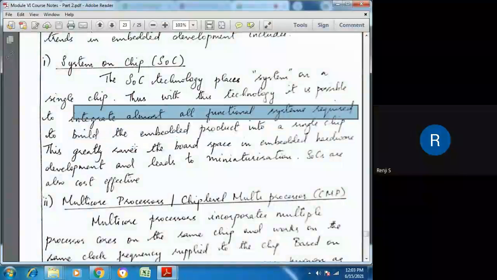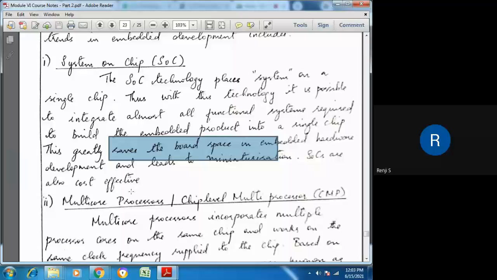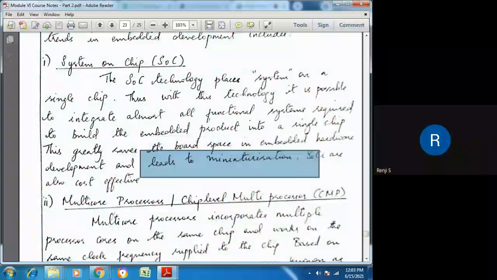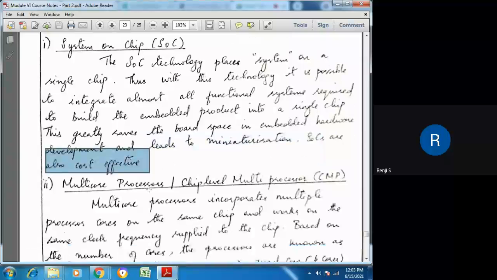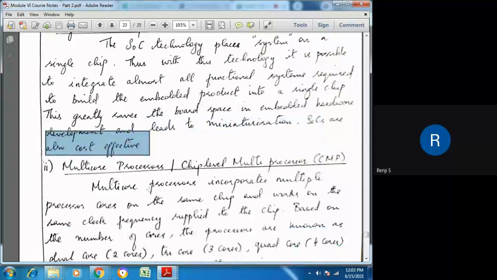Now this saves board space in embedded hardware development, and it also leads to miniaturization, that is, the size is reducing. When many chips are to be used, the size increases. All these functionalities are done by a single chip, so the size is reduced. SoCs are also cost effective, as just a single IC is built instead of several ICs.